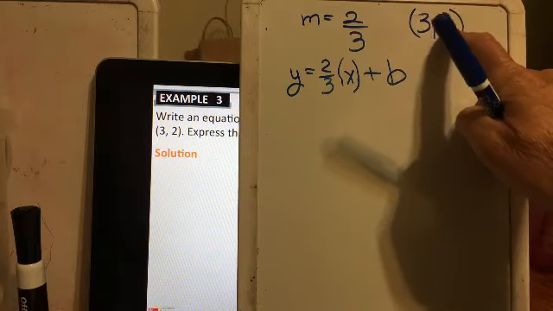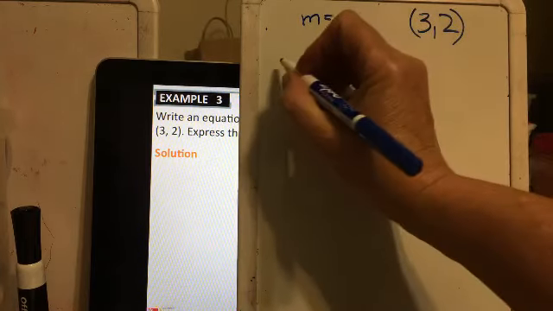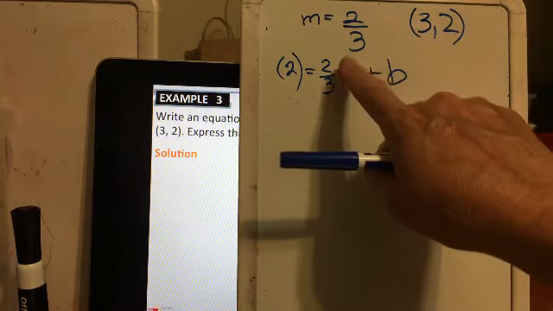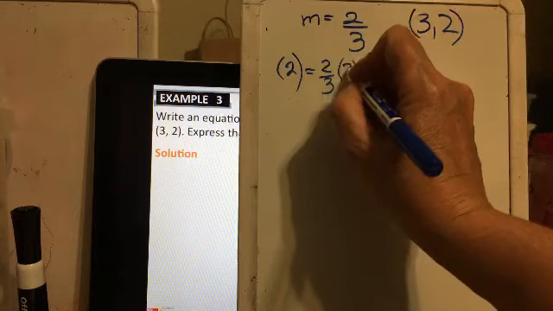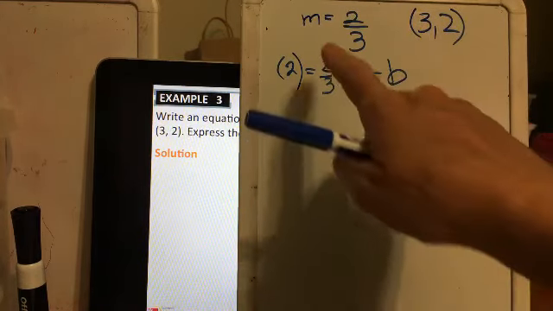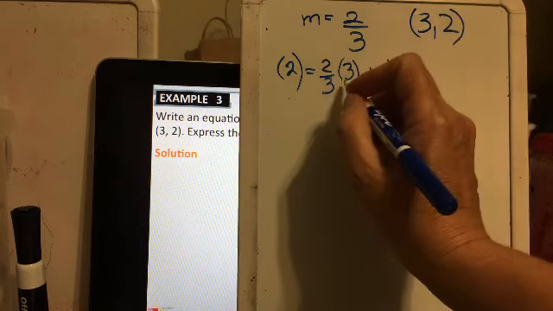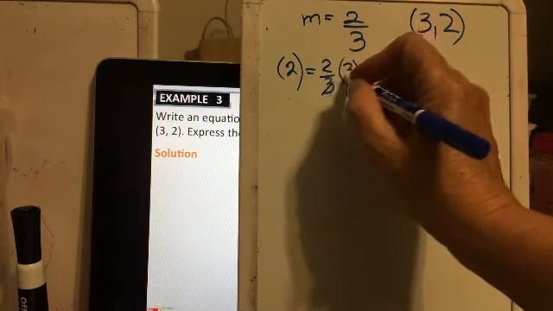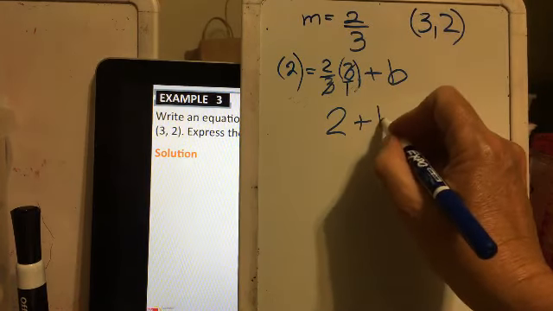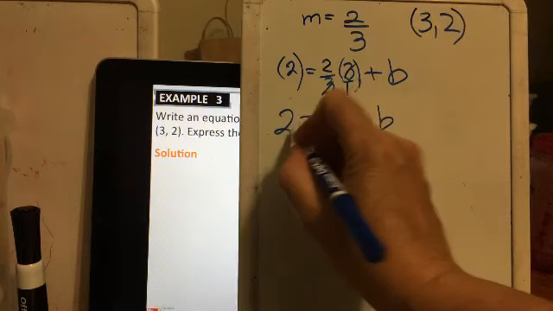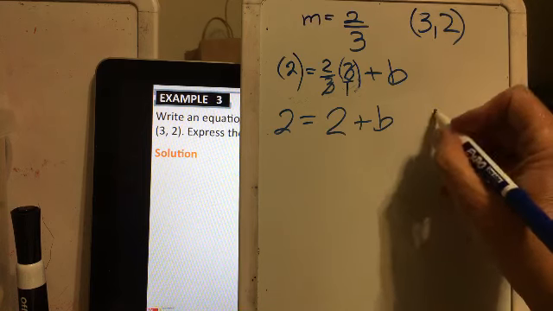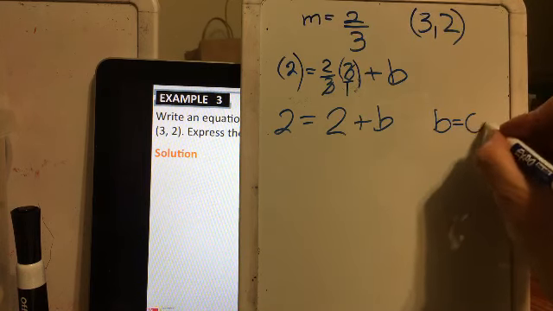And I'm going to take that 2, which is my y value, and put it right there where the y is. Oh, excuse me, that was supposed to be a 3. 3 and 2 to replace the x and the y. So now 2/3 of 3, remember the 3 is 3 over 1, so the 3's will cancel each other, and I wind up with 2 plus b is 2. Well, 2 plus 0 is 2, so that means my b, or my y-intercept, is 0.